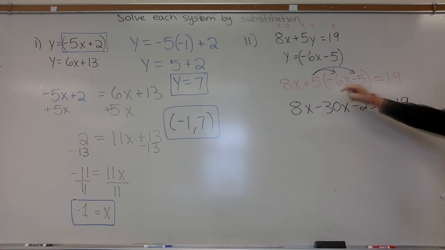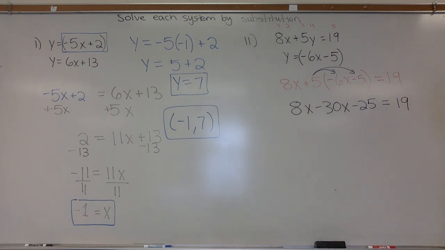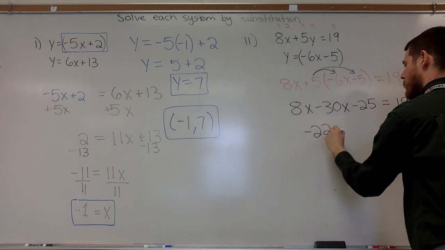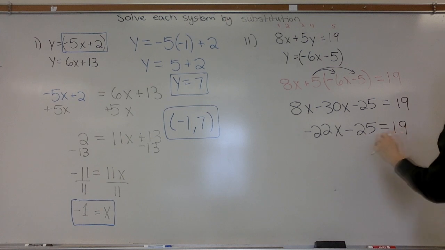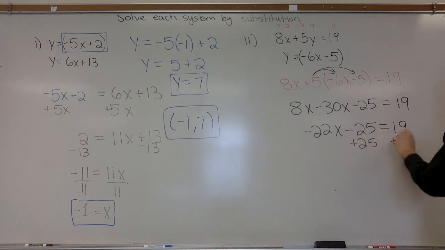Now that I don't have parentheses anymore, now I can start what I call sorting the laundry. Get all of the x's together, negative 22x. And now I have one unknown, move the constant to the other side.